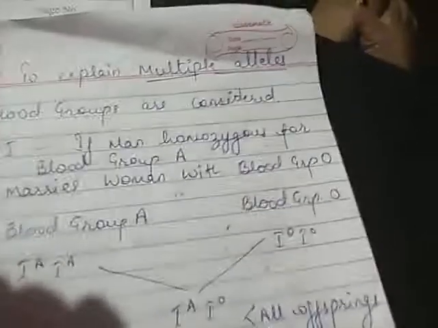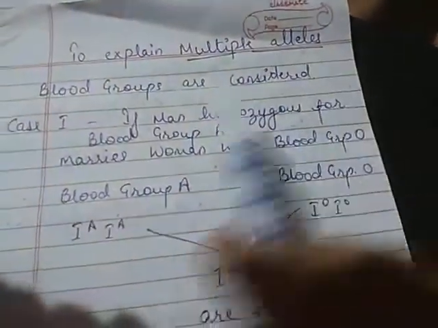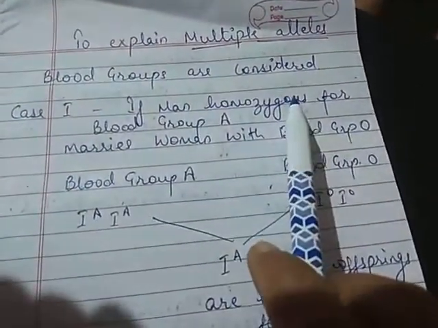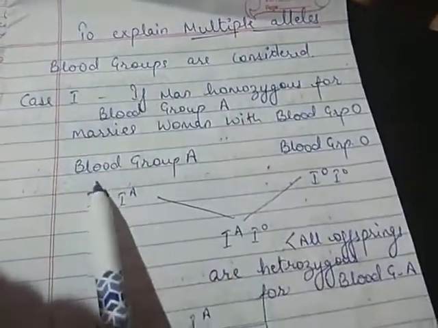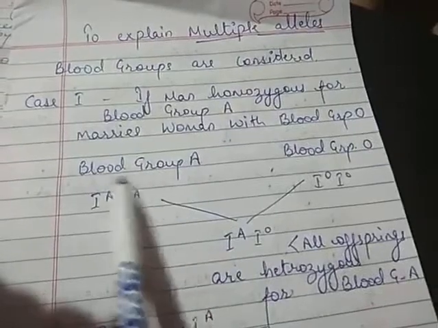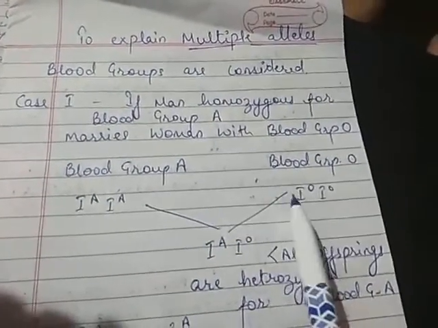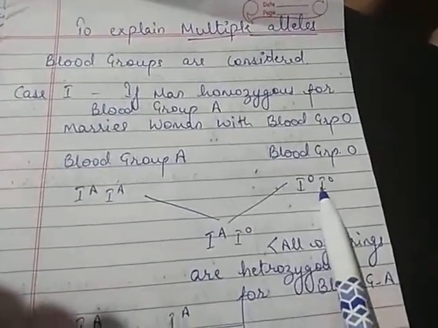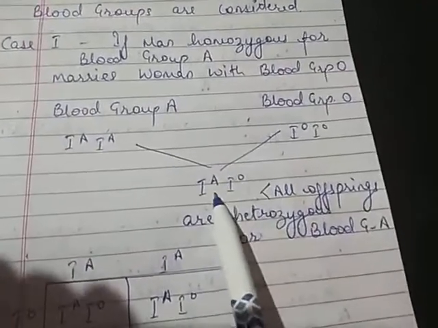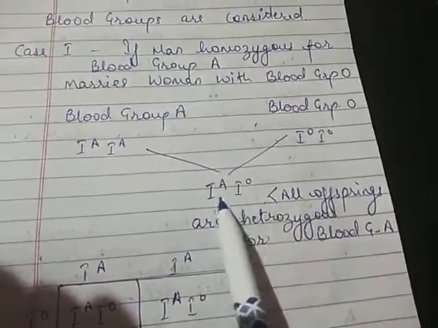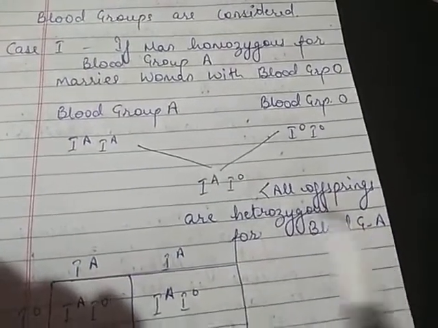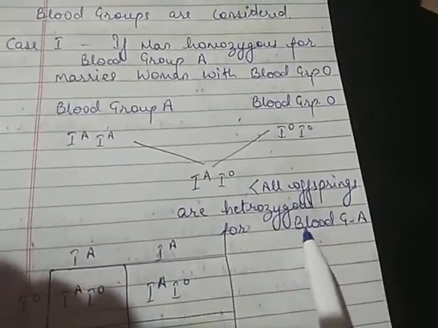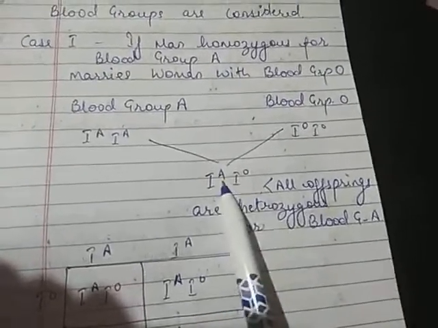Now see. Blood groups, if you consider case 1 as I told you. Blood group A, I have taken homozygous condition for the man and homozygous O condition for the woman. Now after the crossing, the offspring will all be heterozygous for blood group A. See, heterozygous, why?